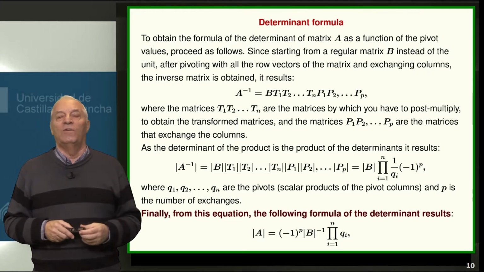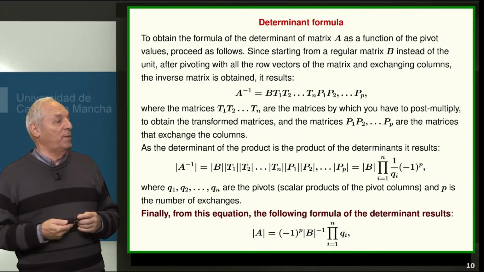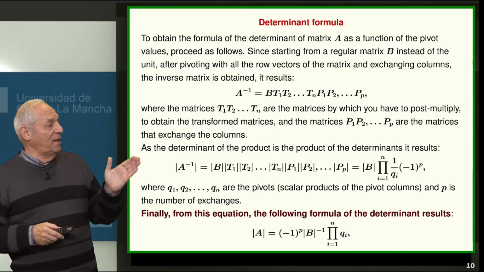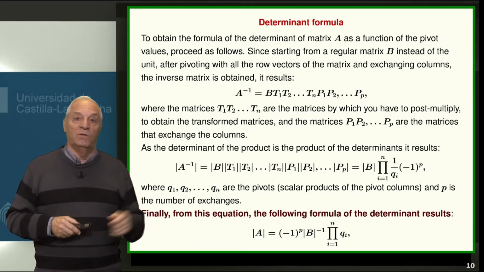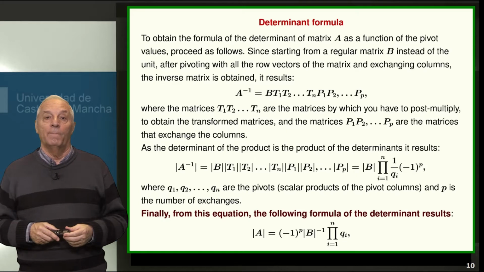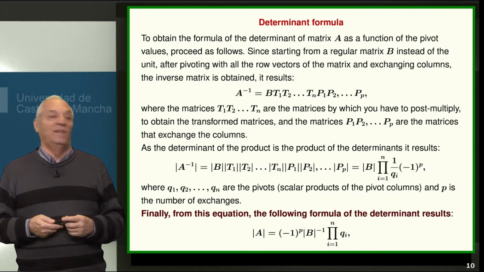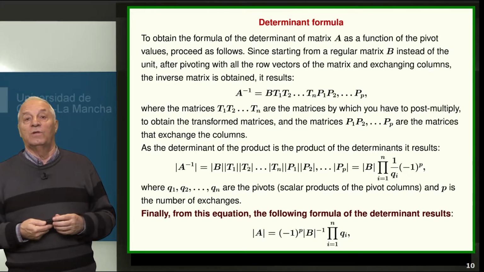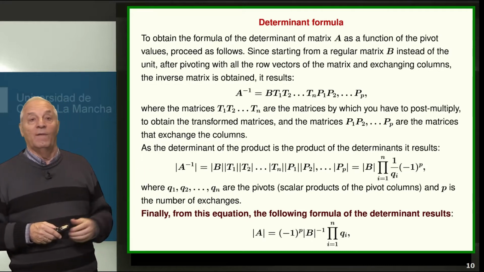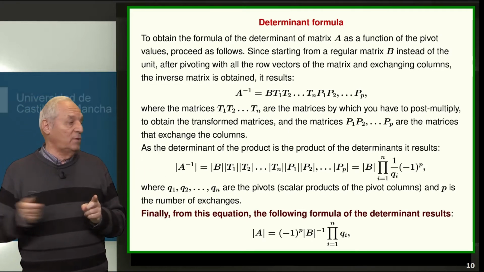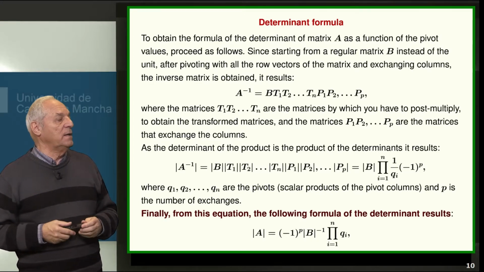Then it is the product from 1 to n of the inverses of the pivots, 1 divided by q sub i, because we divide by the pivot, we do not multiply by it. And then the P matrices, that we know have determinant -1, so it's -1 times -1 times -1, as many times as the number of matrices there are. If there are p matrices, we get -1 raised to p.